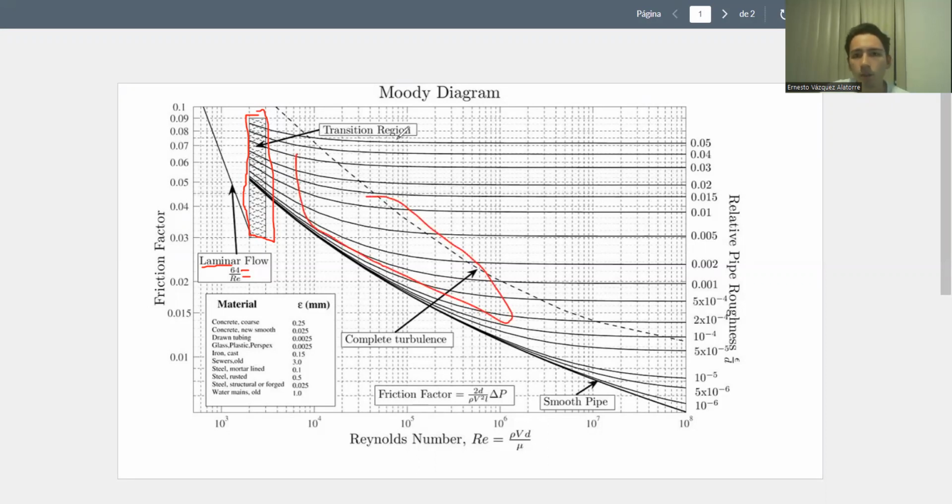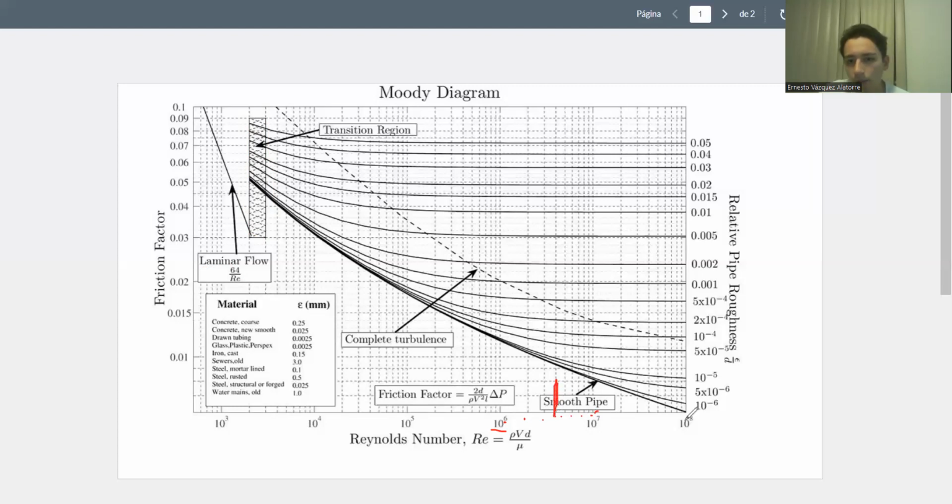Assuming you have a Reynolds number of 3 million, you get here to the 10 to the 6th. You count 1, 2, 3, so you count to the third one and you're here.